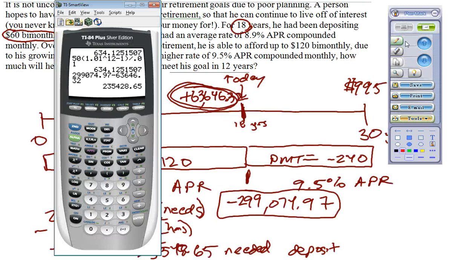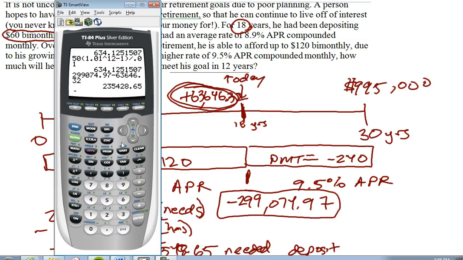If he went through this process, he would have made $120 payments for a total of 18 years, 12 times a year. Plus, he would have made the $299,074.97.